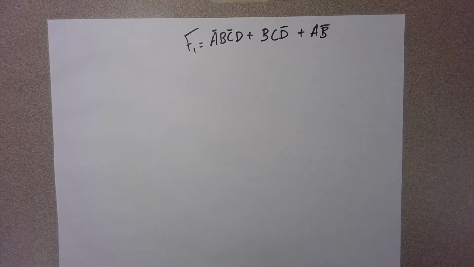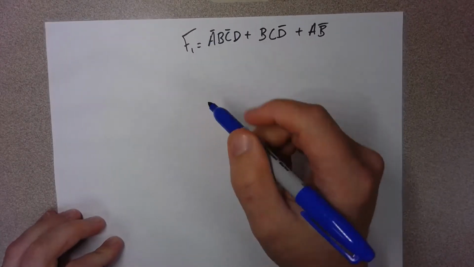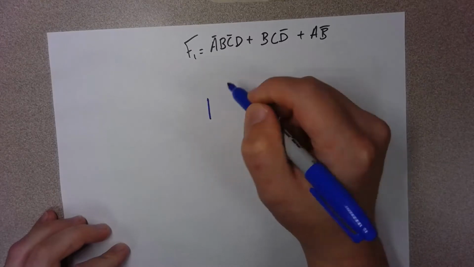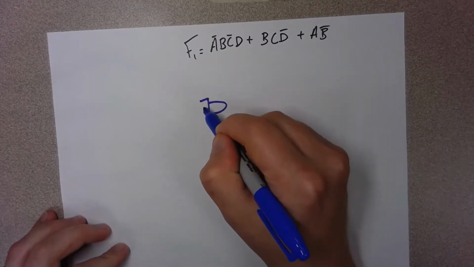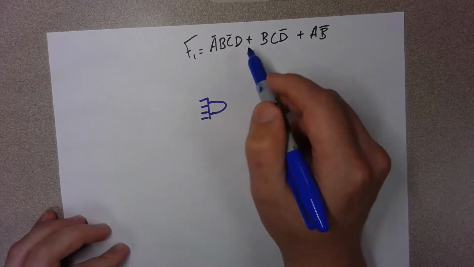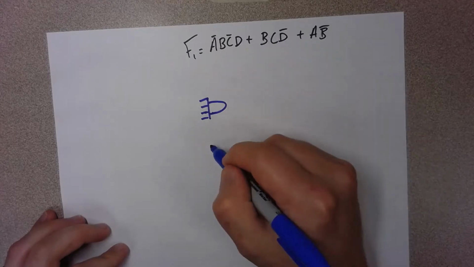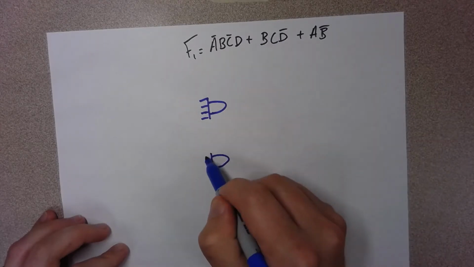So we need to look at this and decide what we need to get this into a circuit. The first thing is we've got this AND here. That's a 4 input AND, so we can draw an AND gate here in the middle somewhere, with 4 inputs. We've got another AND here, which has 3 inputs.